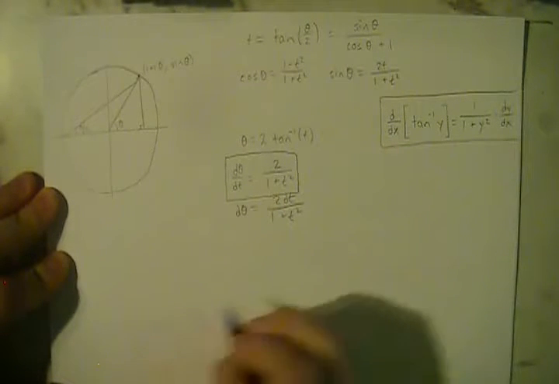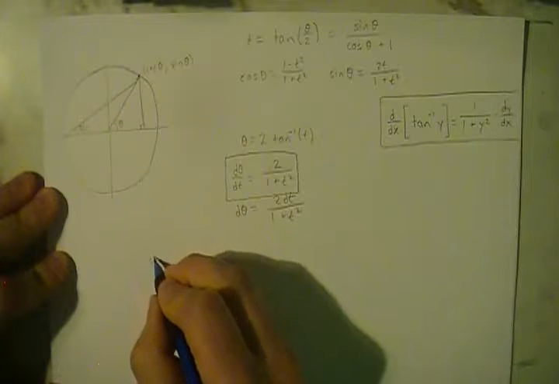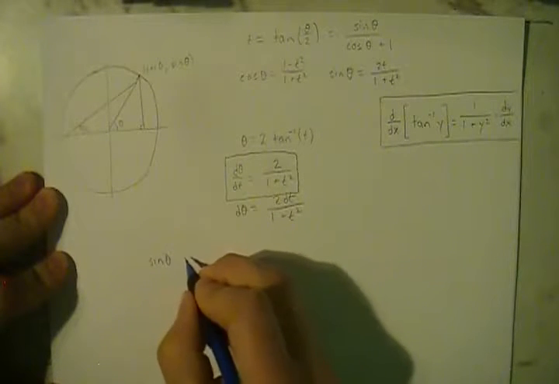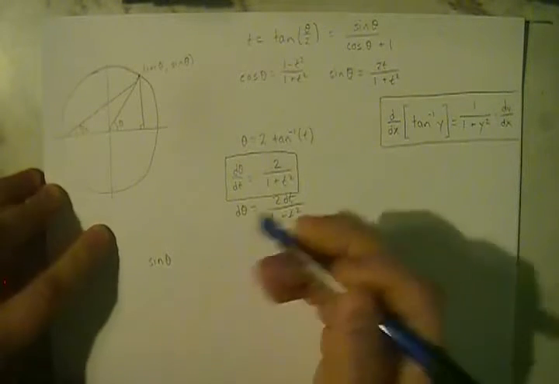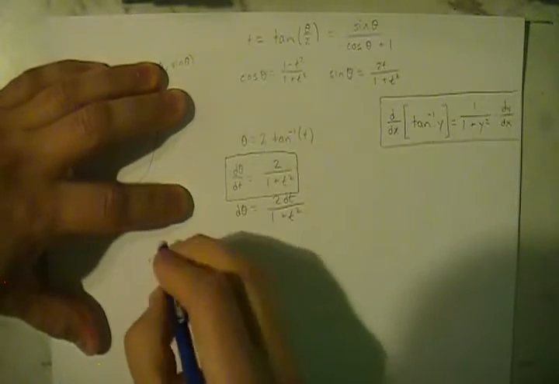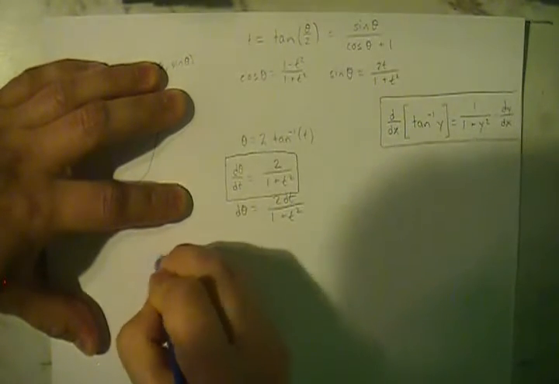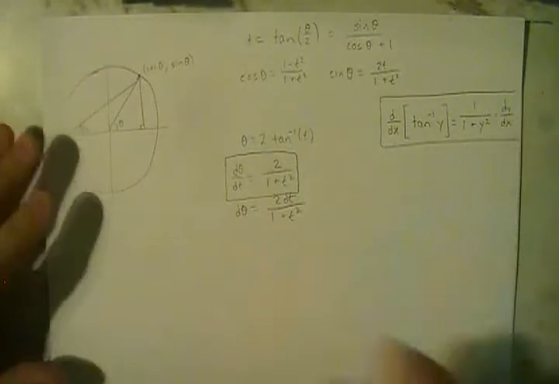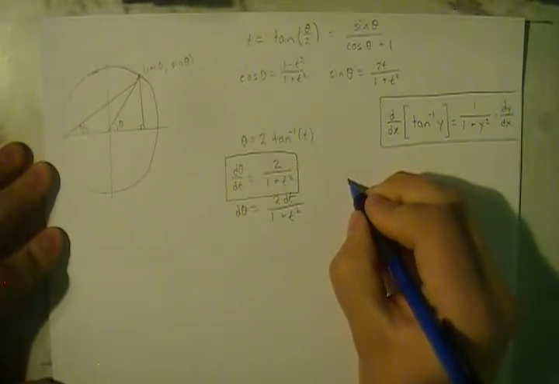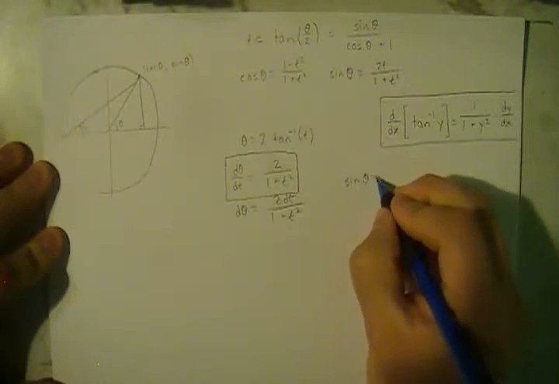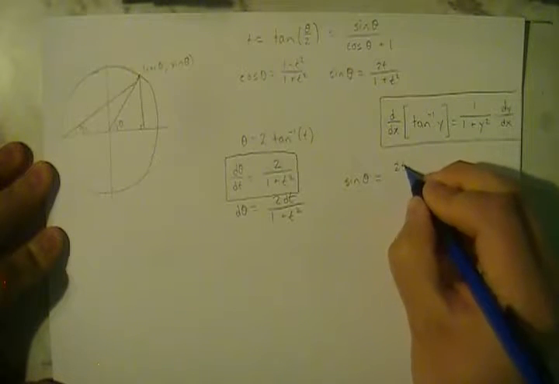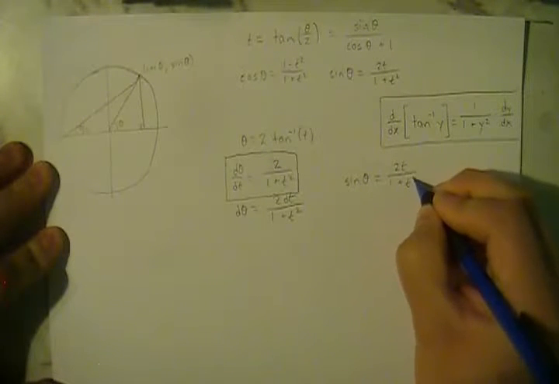And so if I want to take, let's say I had sine theta, I'm going to write it over here. So I know sine theta is equal to 2t divided by 1 plus t squared.